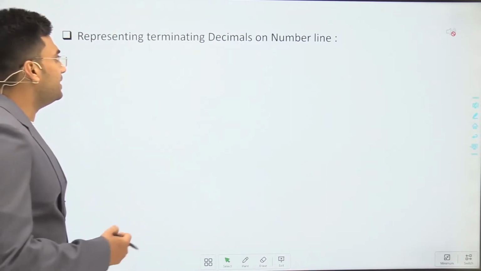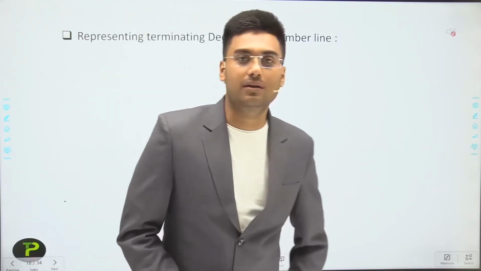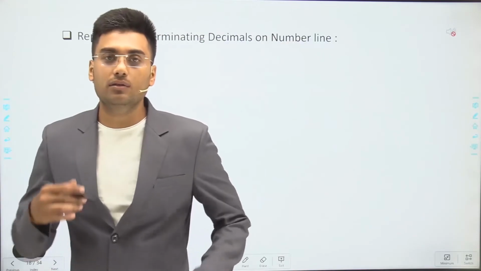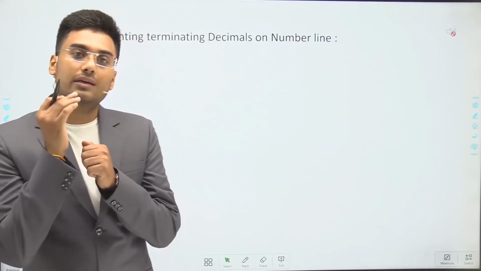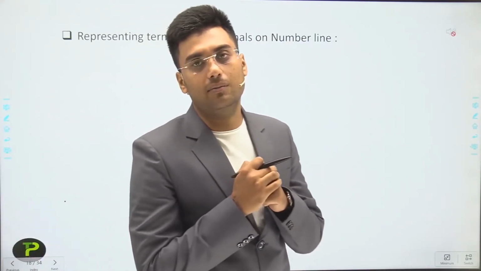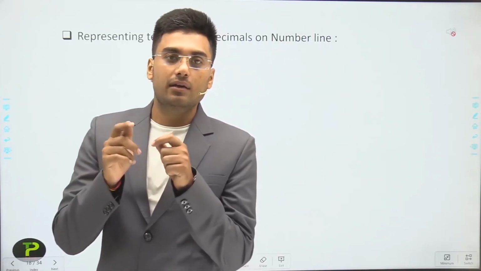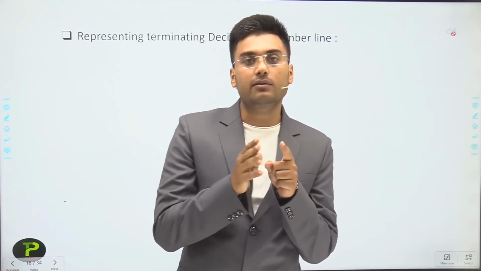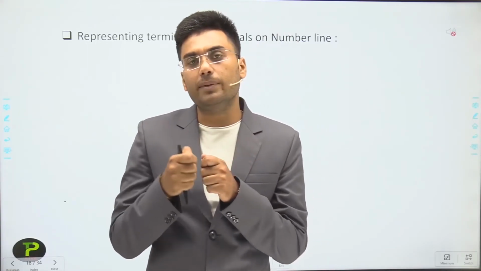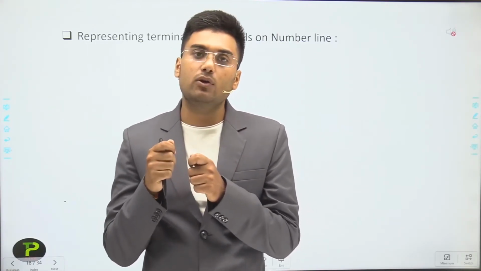Now representing terminating decimals on a number line. Up to now we used to show fractional rational numbers on a number line. If we require to represent 13 by 4, it is equal to 3 plus 1 by 4.